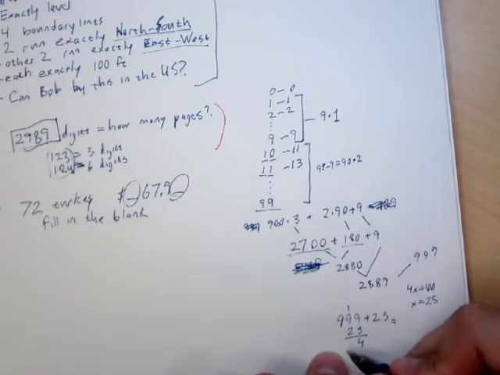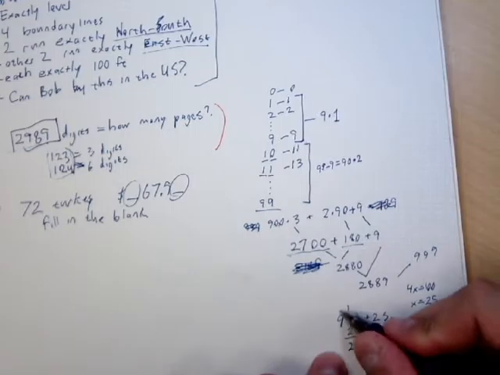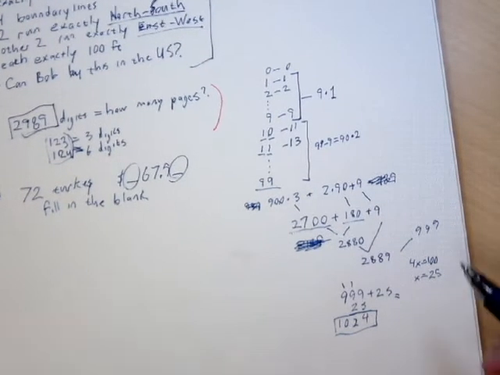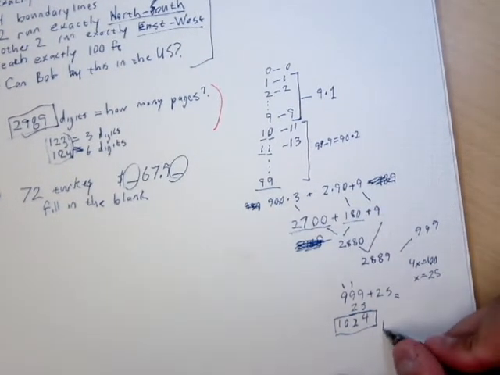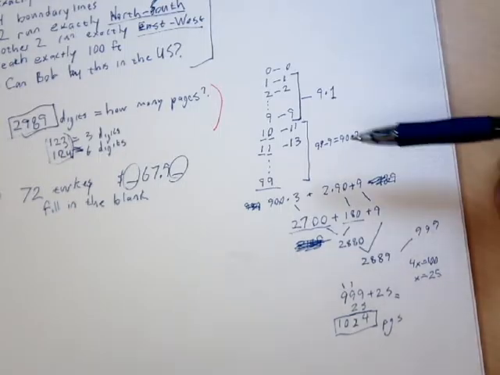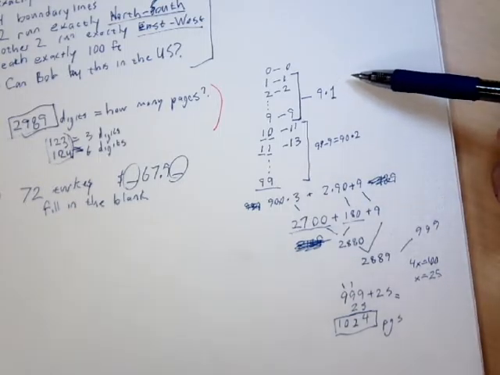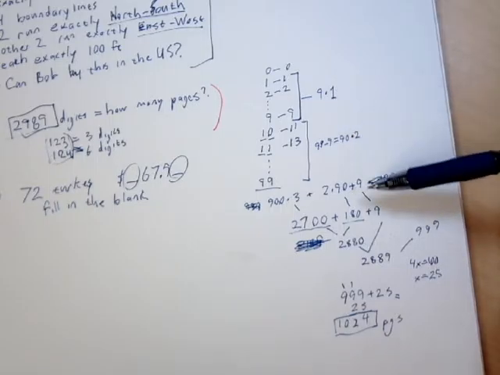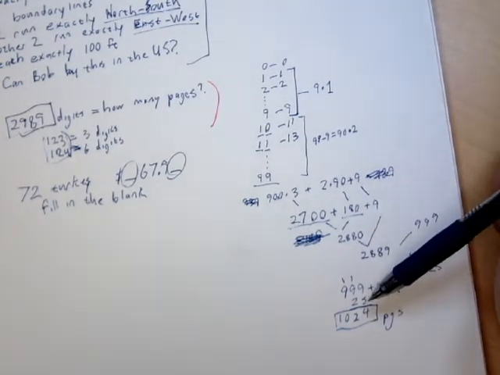25 equals, and forgive me, I am not super fast in math. That was obvious, 1024. So I suspect that there were 1,024 pages, and I got that by starting from a very small problem and working my way up. But I need to check this now.